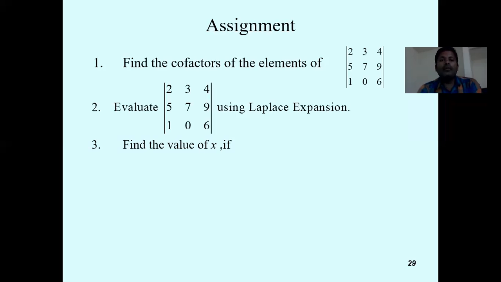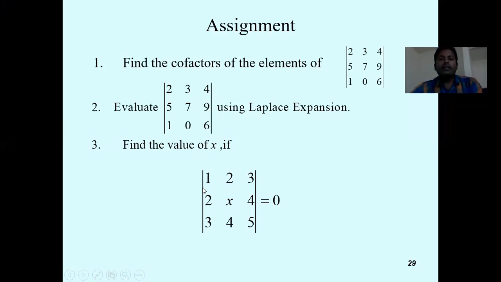Find the value of x if 1, 2, 3; 2x, 4, 3; 4, 5, 1 is equal to 0. How can we find this one?